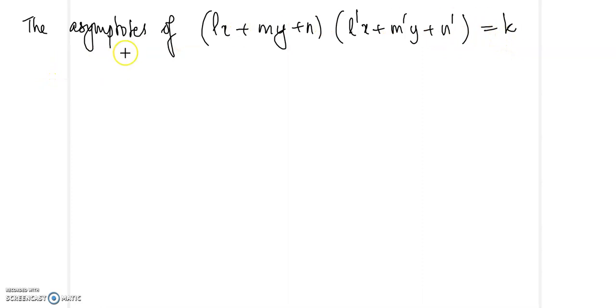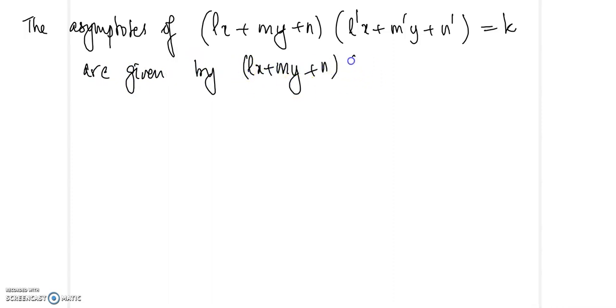So the asymptotes of this equation are given by lx plus my plus n into l dash x plus m dash y plus n dash equal to 0.